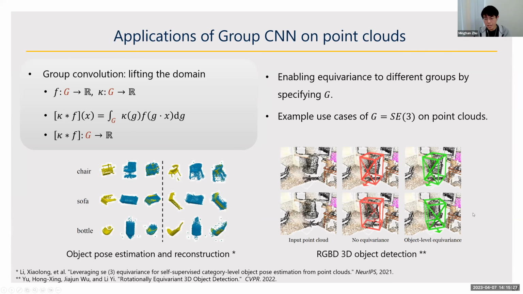Another work is RGBD 3D object detection in the indoor environment, because objects can be placed in arbitrary rotations. An equivariant network can detect the object and estimate its orientation very reliably because of the equivariant features. Here is an example of a rotating chair, and how it can be dealt with using the equivariant model.